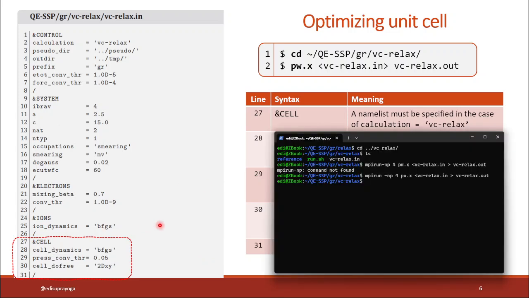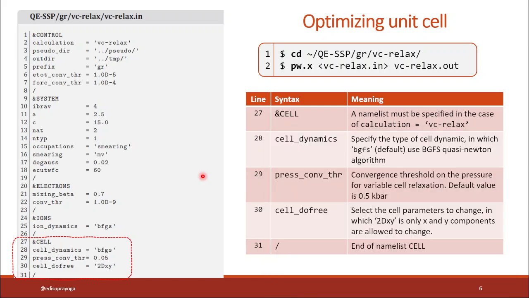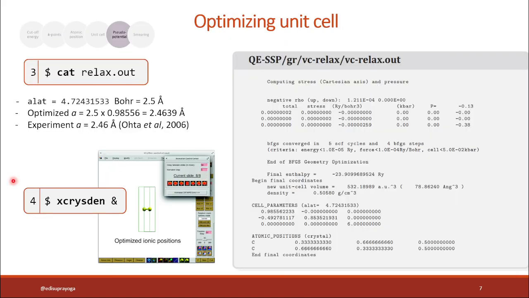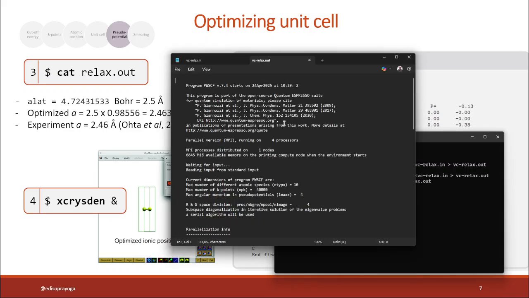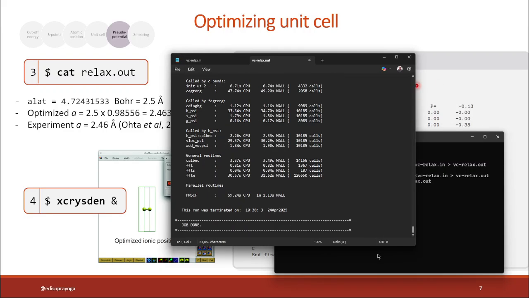Okay, has the calculation finished? Yes. If the calculation is finished, you can check the output by using notepad, for example notepad vc-relax.out. Here we go to the last part.